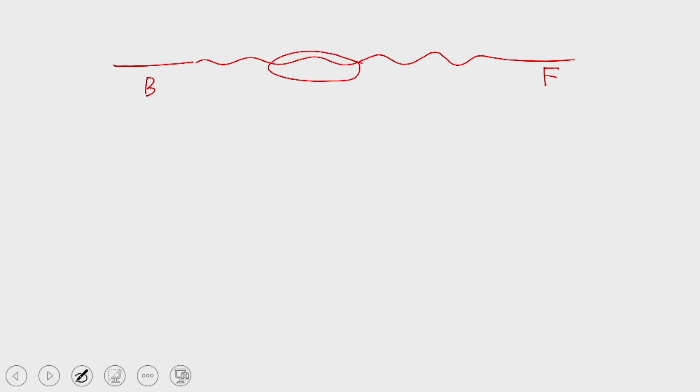Therefore, in this path we are beginning with a backward edge and ending with a forward edge. So there must be a pair of consecutive edges somewhere where the first one is backward and the second one is forward. Since we begin with a backward edge and end with a forward edge, at some point we should be switching from backward edges to a forward edge. So let us pick out one such case.